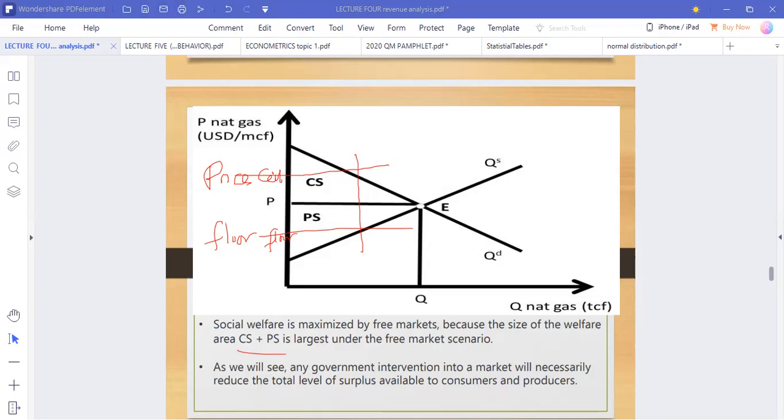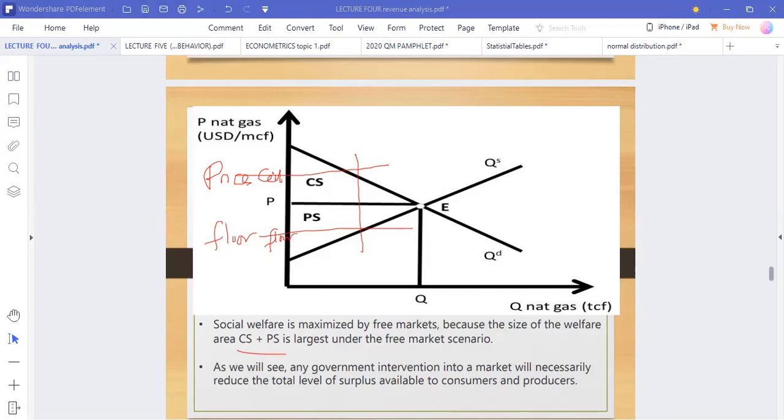Price ceiling is a government intervention that is usually put in place to prevent price from rising above a certain level. Whereas a floor price is an intervention that keeps price from falling below a certain level.